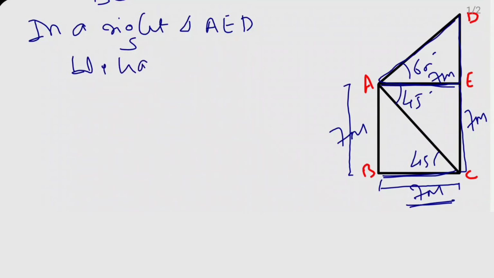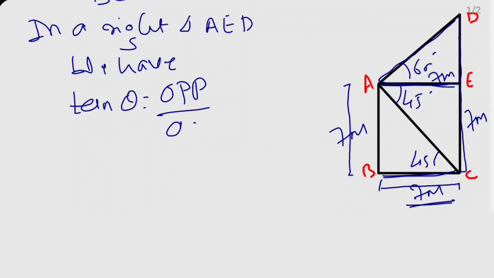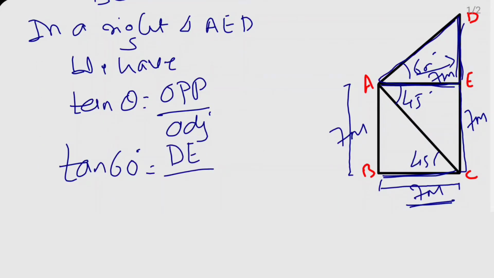we have tan theta equal to opposite by adjacent. So tan 60 equal to opposite here, DE, divided by adjacent is AE.